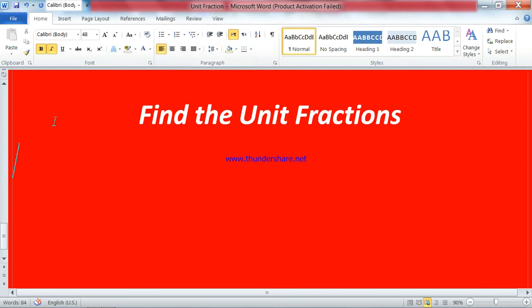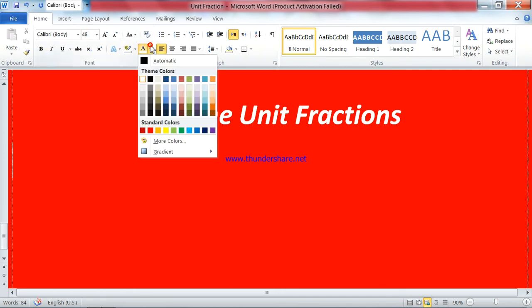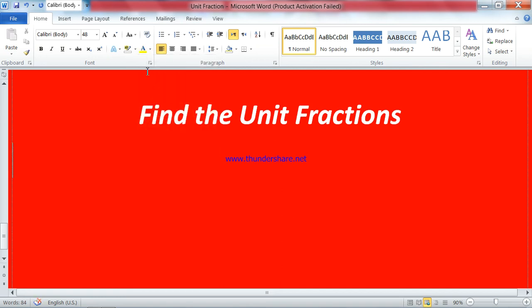You have to find which is a unit fraction and which is not. I'm changing the color so that you can understand it better.